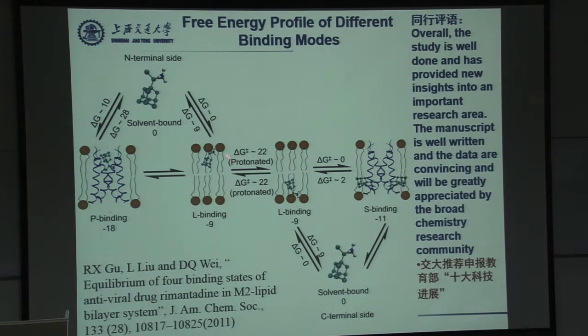And also you can see there are two sites beneath the membrane. It doesn't cost much energy from here to here. So by doing this kind of calculation, we can clarify some hotly debated problems in the experiment.